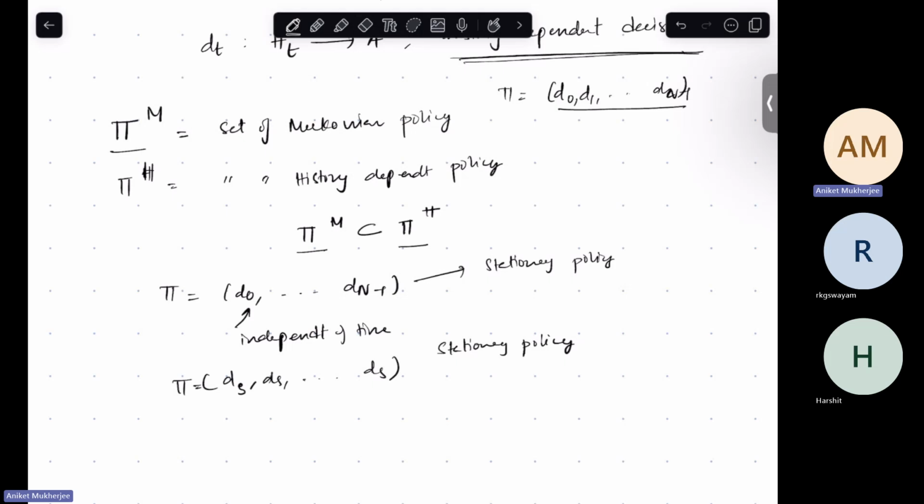Okay, so one important point that people get confused about is that this does not mean I am taking the same action every time.